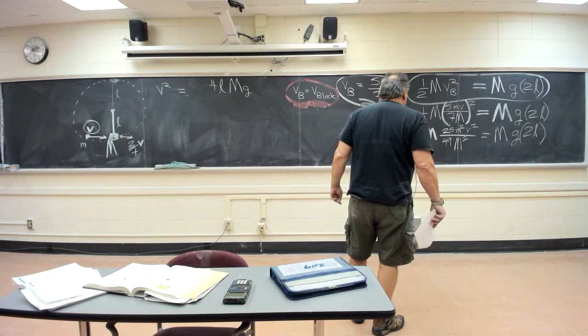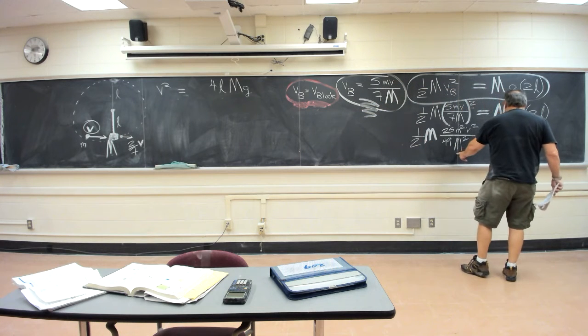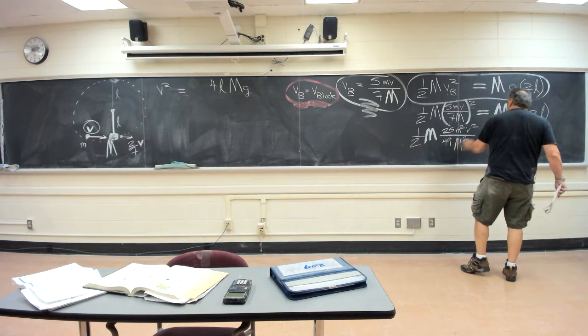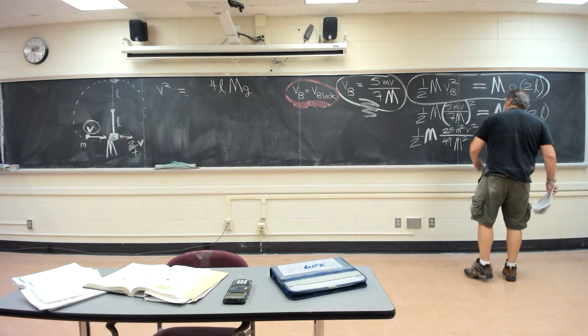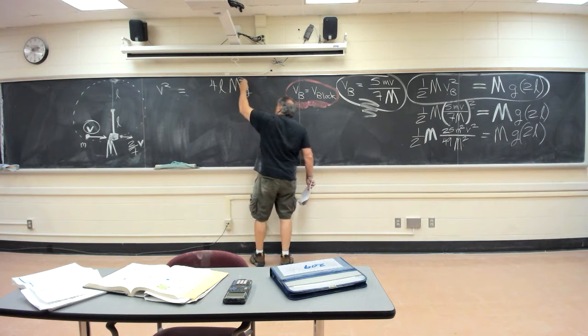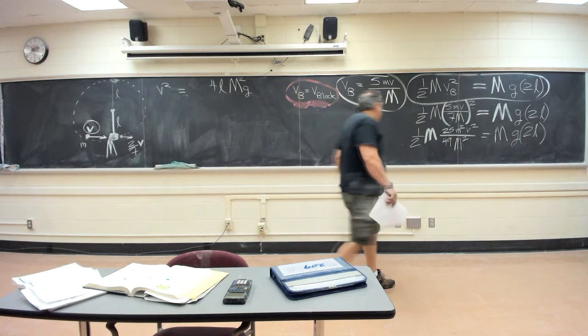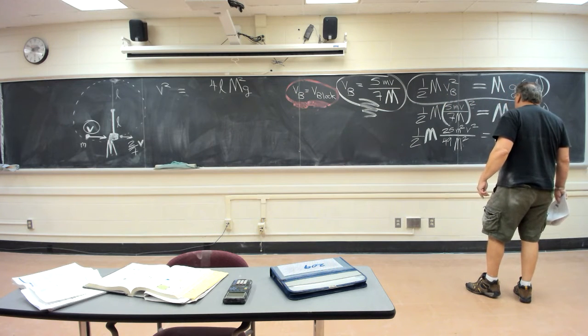Multiply by 2. The M and the M squared cancel, so there's just an M down here. Multiply by M on each side. These M's cancel, you just got one M down here. Multiply by M on each side. Then multiply by 49 over 25 small m squared.